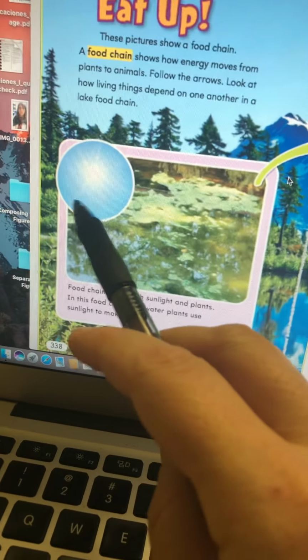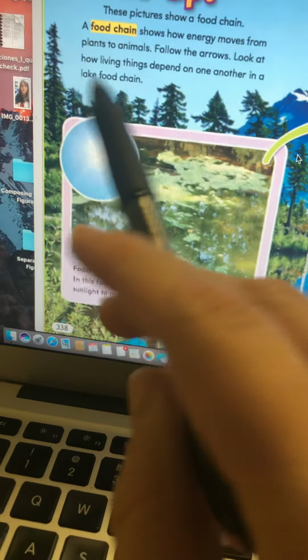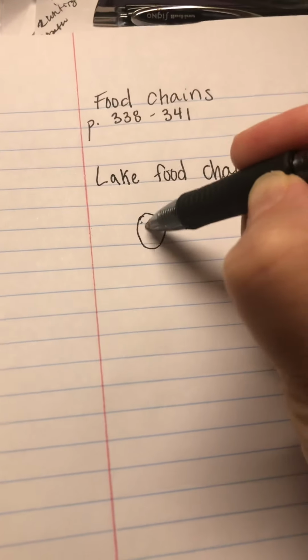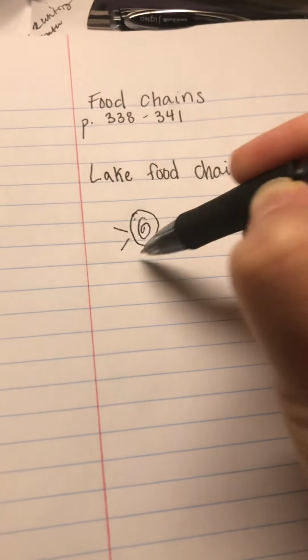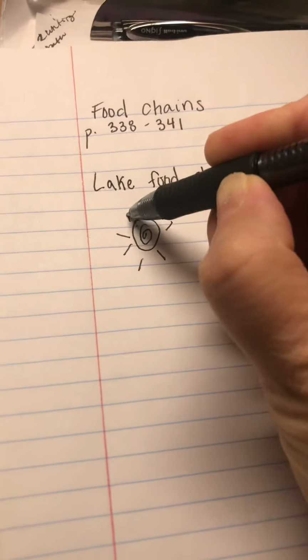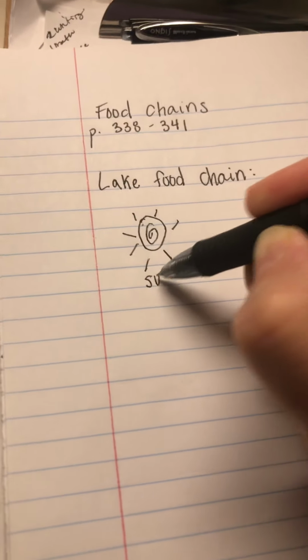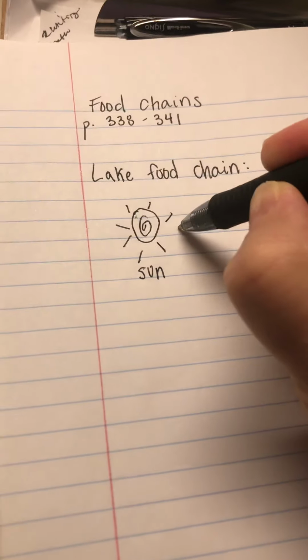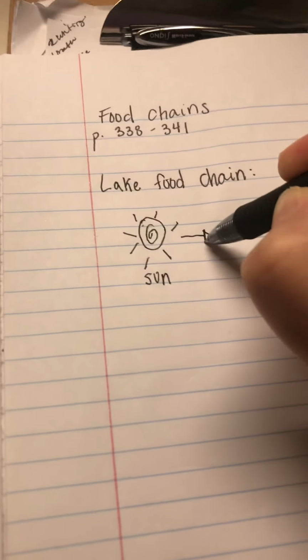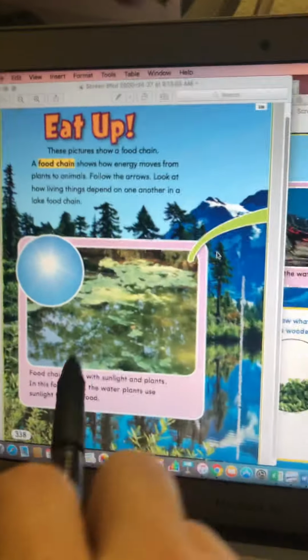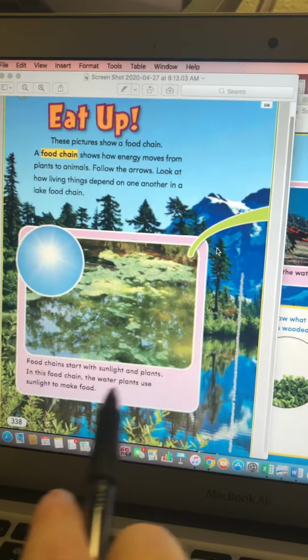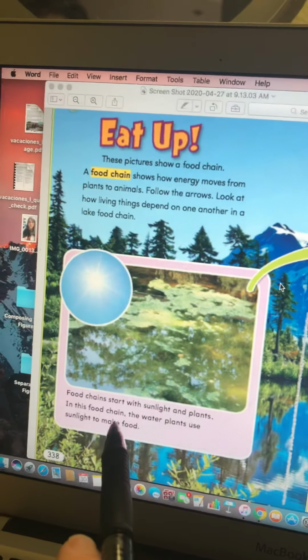So if we look at the picture here, this might not be very clear, but this is the sun. So every food chain, as we talked about last week, begins with the sun. It's our main source of energy here on planet Earth. Now the sun gives energy to, here we go, the water plants. Water plants use sunlight to make food.